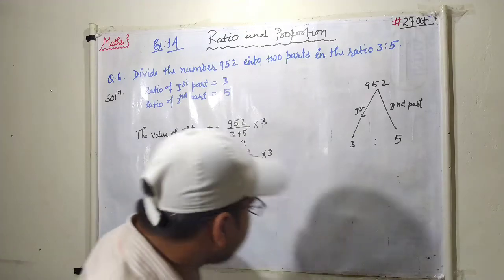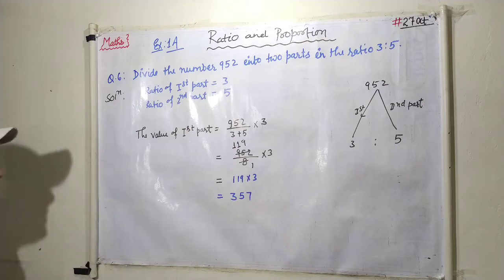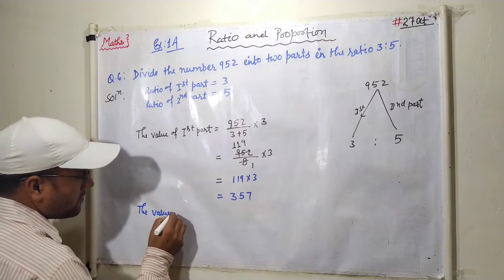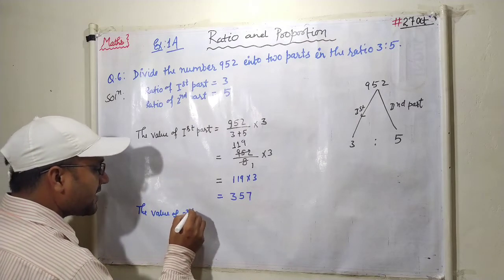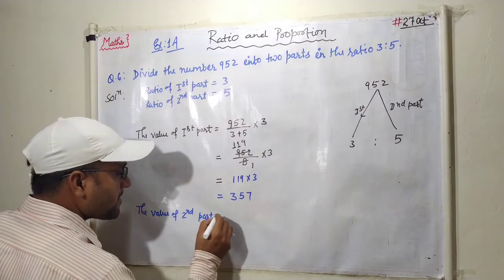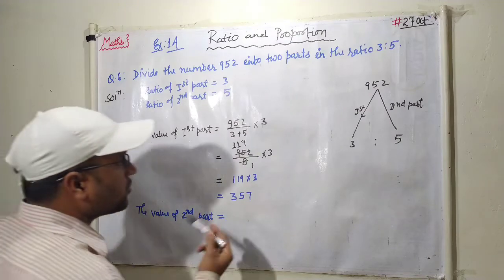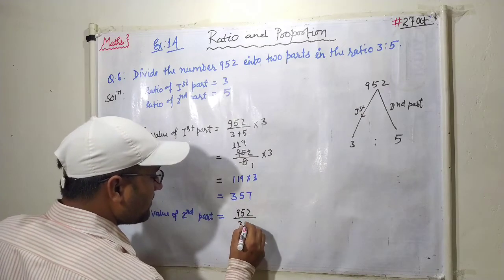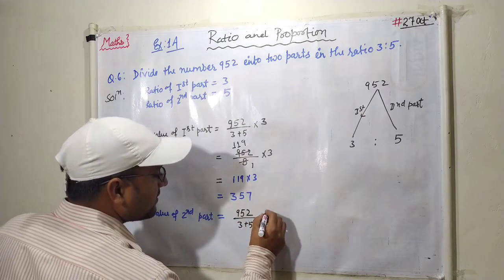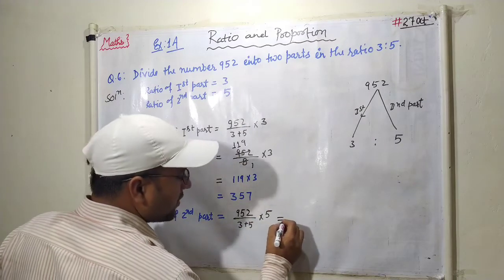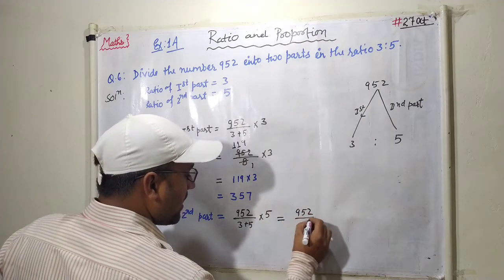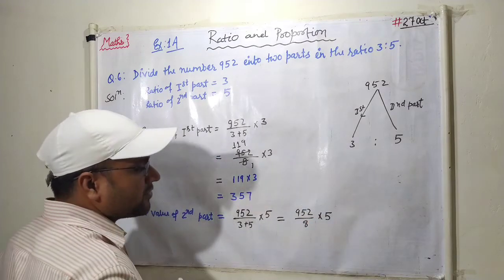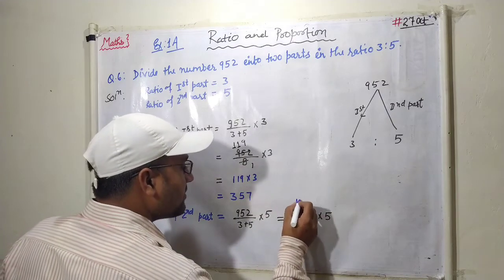Now the value of the second part. The value of the second part is total number 952 upon sum of the ratio 3 plus 5 and multiplied by the ratio of the second part. So 952 upon 8 multiplied by 5, and if you cancel 952 by 8, you will get 119.